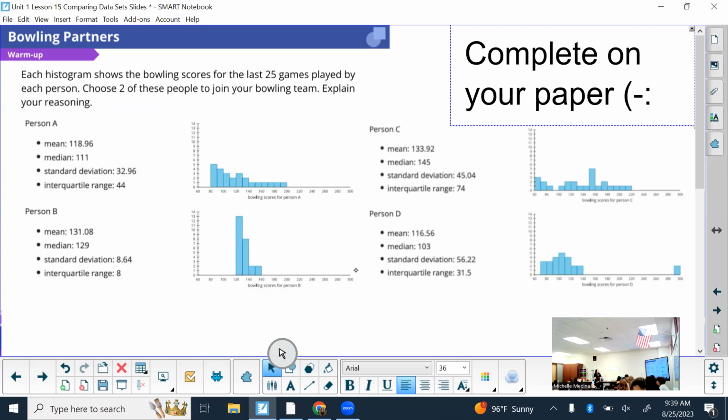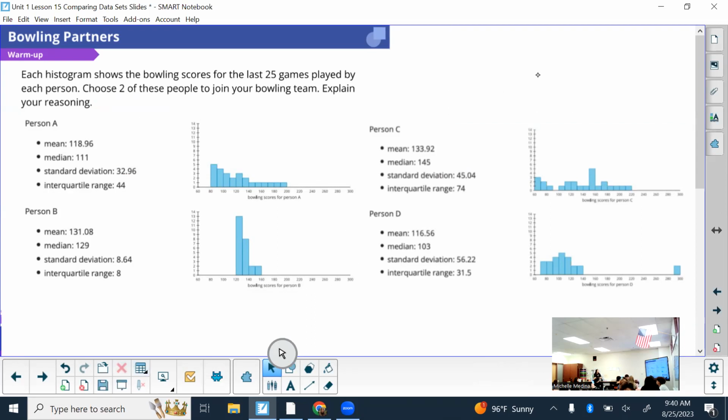All right, then now for the warm-up. You are supposed to choose 2 people to be on your bowling team based on their statistics. So table 5, can you tell me one person that you think would be a good fit? And why player C?